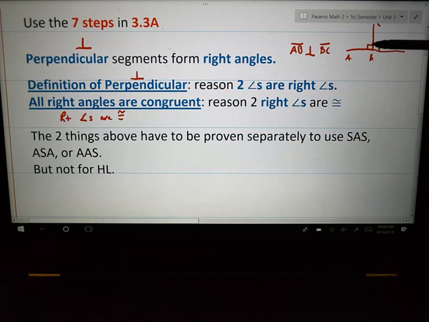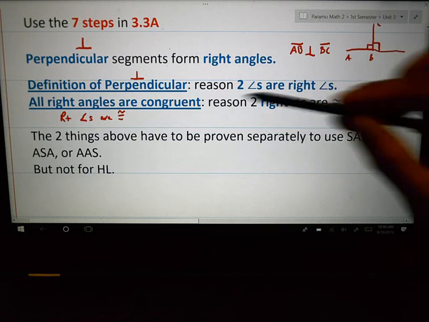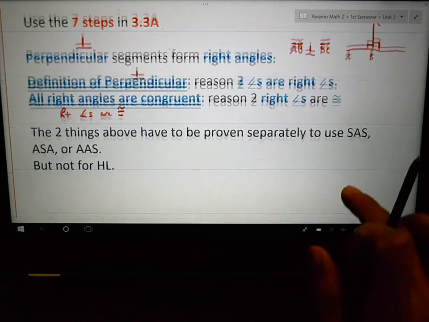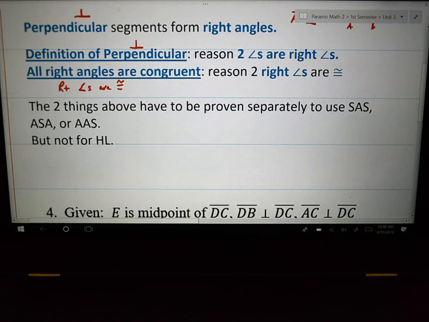So make sure that you do these two things separately from each other, which means first you say that they are right, that's a statement, and the second thing you do is you say that those two things are congruent to each other, which would then allow you to use the 5 shortcuts that you learned in section 2.